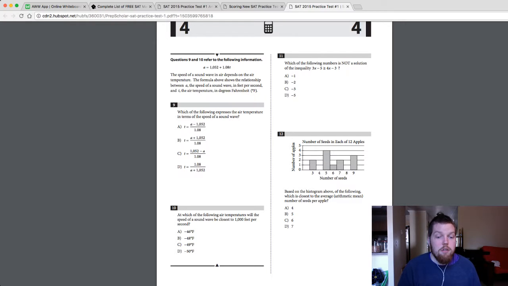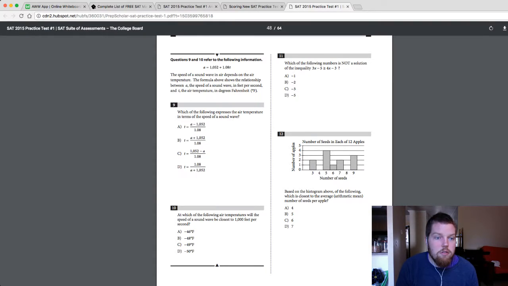And my answer would be no. I think that we should take 1,000 feet per second and put that in for A and then solve for T. And in number 9, we already solved the equation for T, so let's use our equation from choice A.